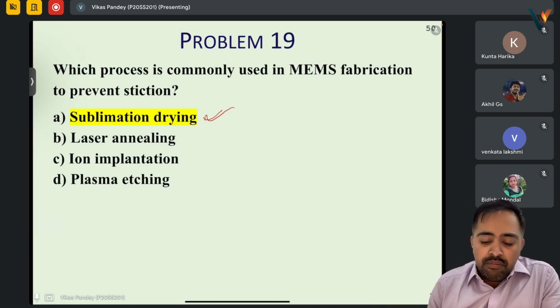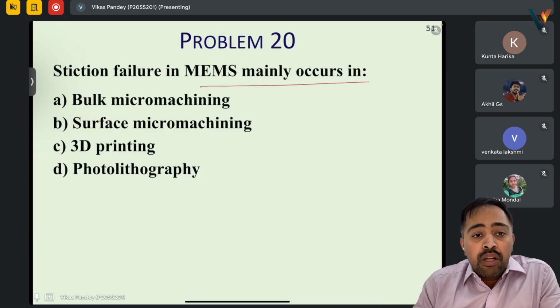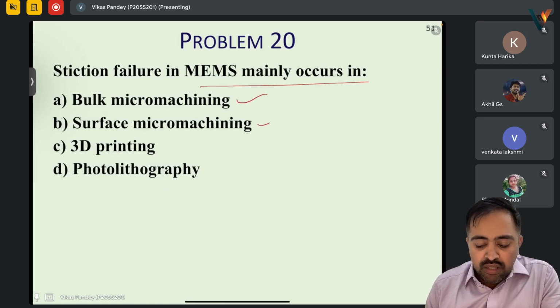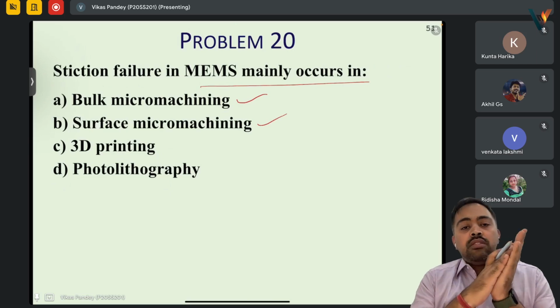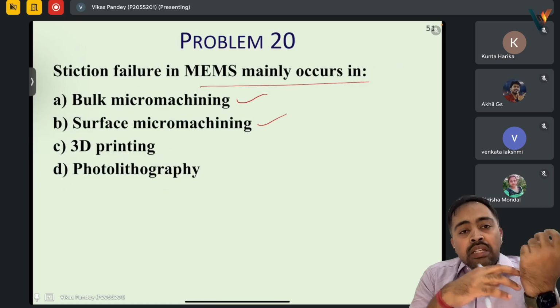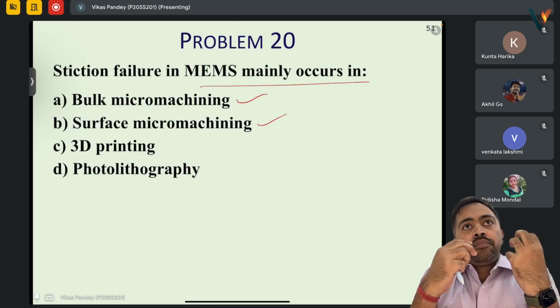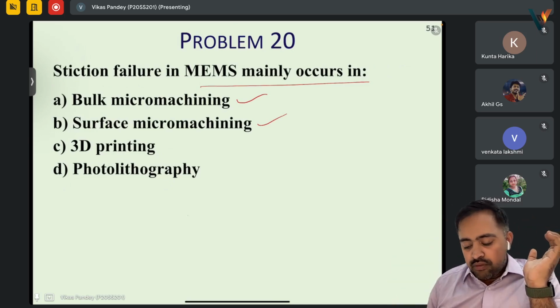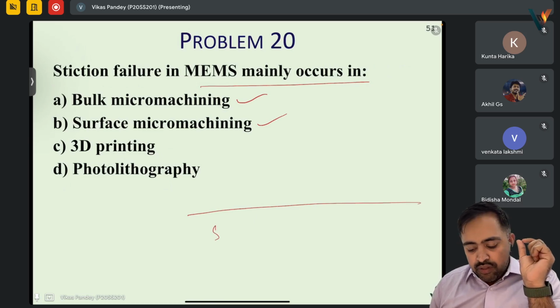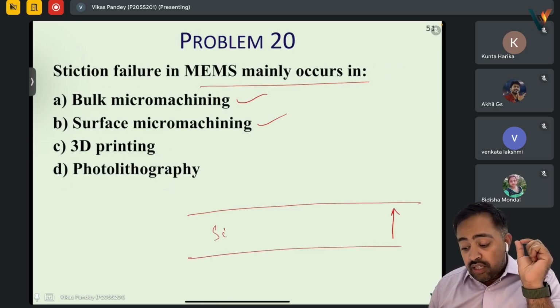Stiction failure in MEMS mainly occurs in bulk micromachining, surface micromachining, 3D printing, or photolithography. Anyone knows these terms? Bulk micromachining, surface micromachining. See, when we are making a MEMS structure, traditionally in semiconductor fabrication, most things were, when we talk about a silicon wafer, I said that it is around 350 micron thick.